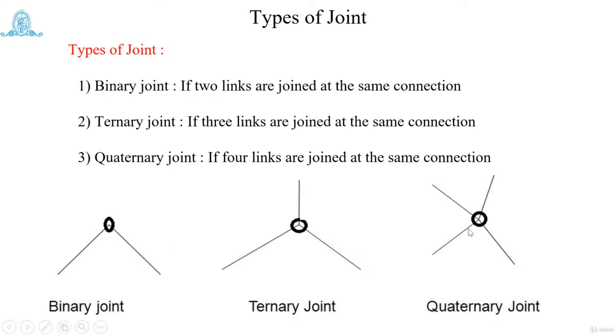If four links are connected at one junction, then it is called a quaternary joint. These types of joints are classified on the basis of how many links are connected at a single point, or at one junction. Over here in a binary joint, two links are there. In a ternary joint, three links are connected at one joint, and in a quaternary joint, four links are connected at one junction.